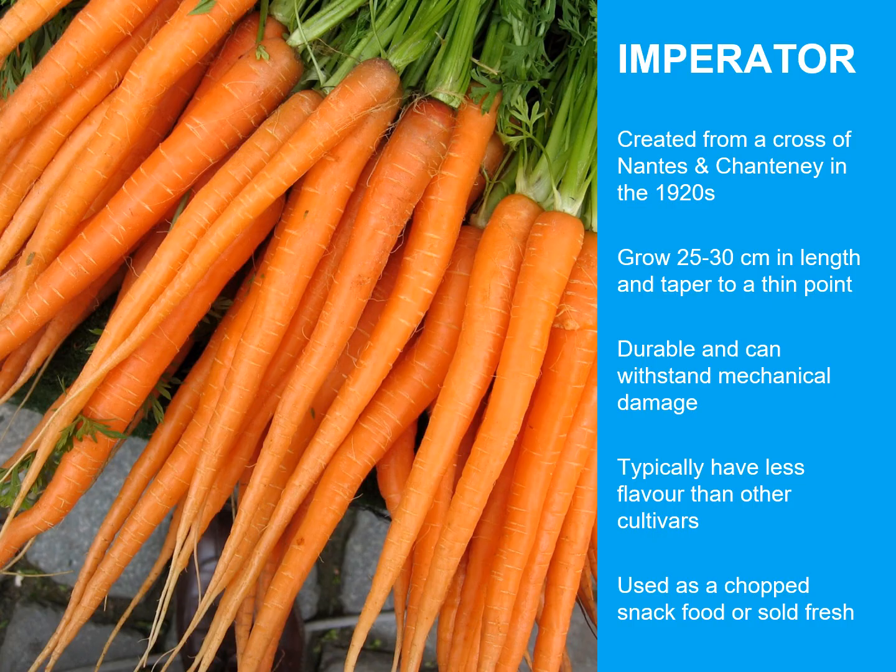Its appearance would suggest that it's fragile and brittle, but it can actually withstand mechanical damage quite well post-harvest. It typically has less flavour than other cultivars, which is often a criticism of it. It's typically used in chopping and as a snack food, or can be sold fresh.